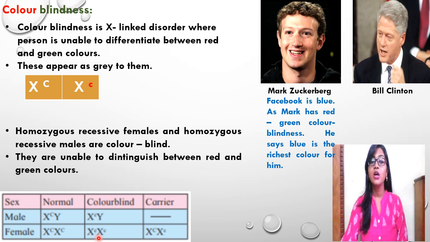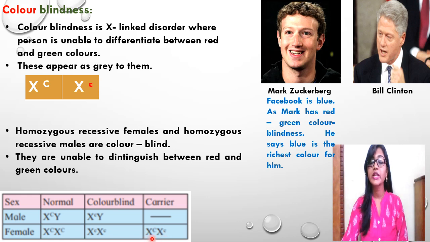So if both X chromosomes carry the recessive genes, then that type of female will be color blind. While if, out of these two X chromosomes, one X chromosome is with the capital C and the other X chromosome is with the small c, then as there is a dominant gene on one X chromosome and the recessive gene on the other, what will happen?